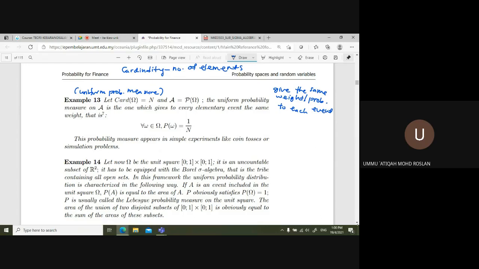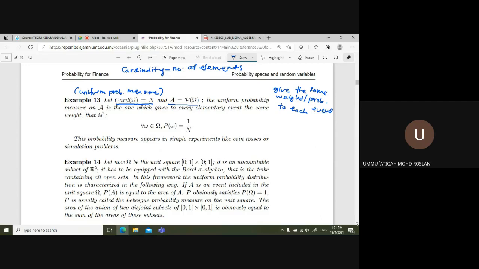So the number of elements of omega is n, and the sigma algebra is the power set of omega. Suppose that in one experiment we have n possible outcomes. Since we give the same probability, we have 1 over n.